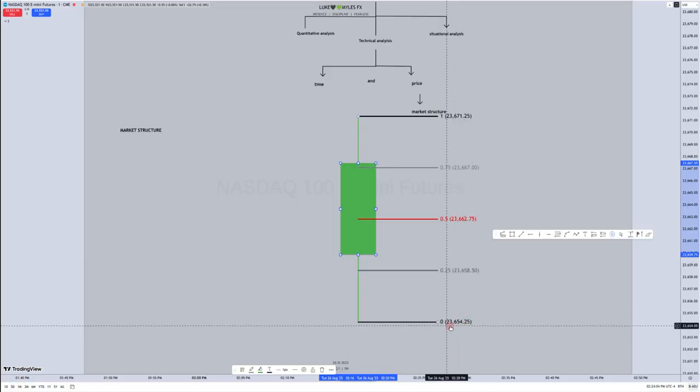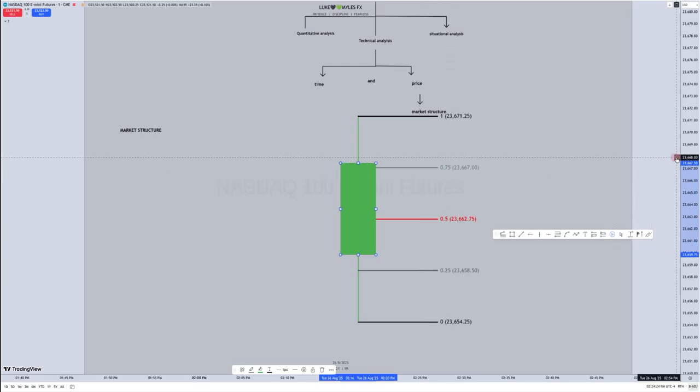This price dropped to that price and went to 23658.50, then went higher and reached 23667, then went higher to 23671.25 and again dropped and ended at 23.